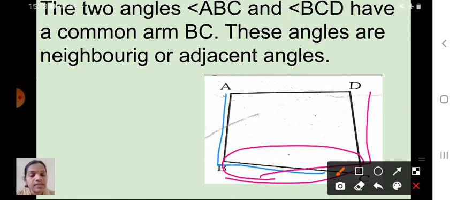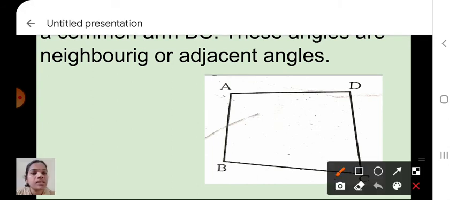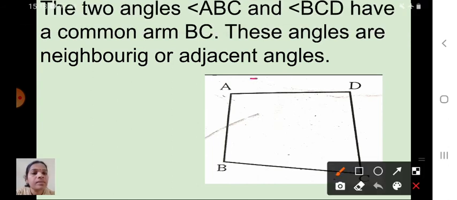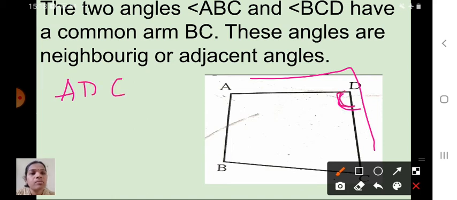So children, see here, adjacent sides have a common vertex. Like that, adjacent angles have a common arm. Okay, and I have one more example here. We will see now. ADC. That means this angle ADC. The neighbor of this angle is A. So angle ADC and this angle A, how do we write?